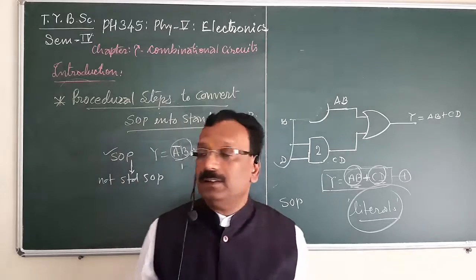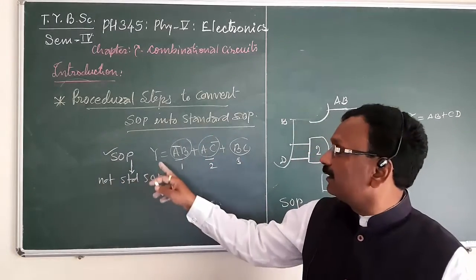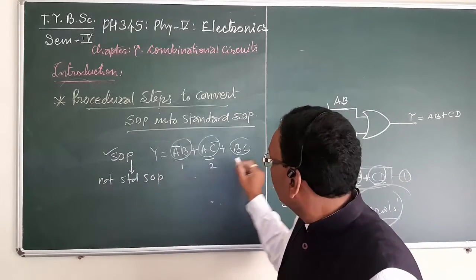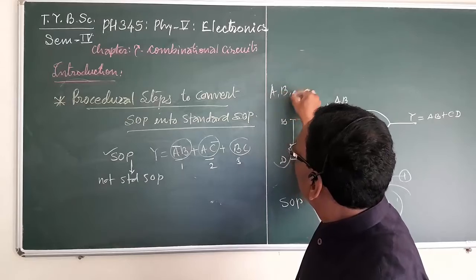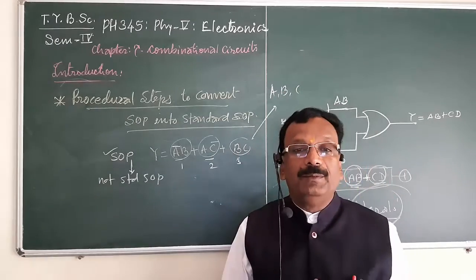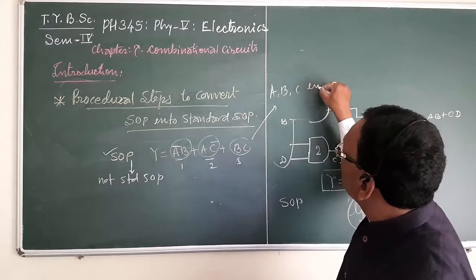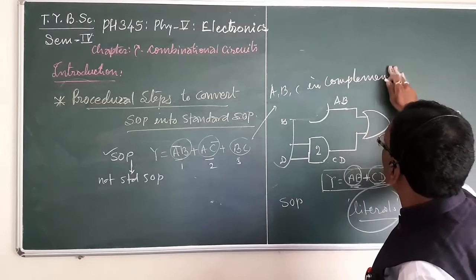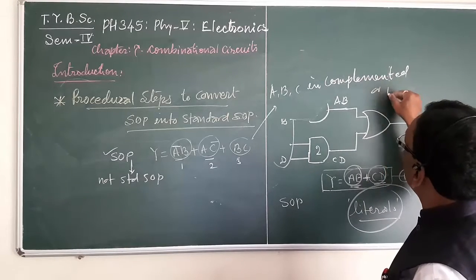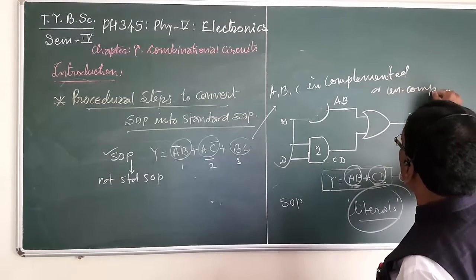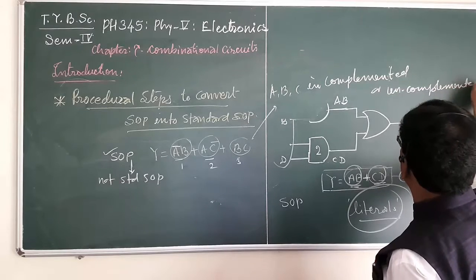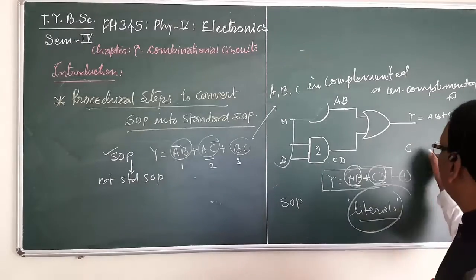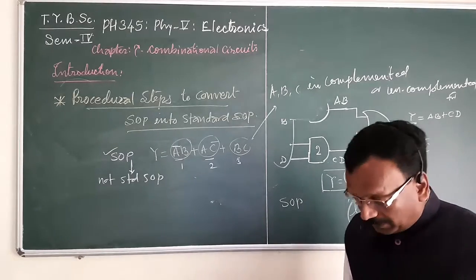I am again going to repeat that this expression contains 3 variables A, B and C in complemented or uncomplemented form. C is uncomplemented, whereas C bar is complemented.